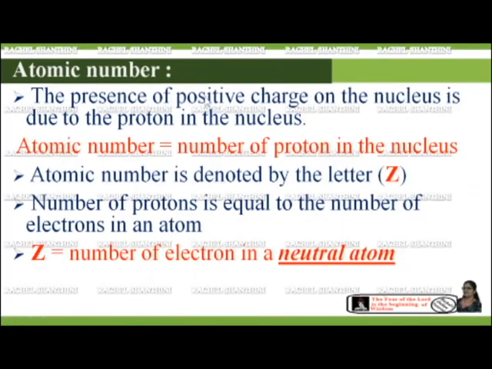Since positive charge on the nucleus is due to the presence of protons in the nucleus, and each proton carries 1 unit positive charge, therefore the atomic number of an element is equal to the number of protons in the nucleus. The atomic number is denoted by the letter Z. Since number of protons is equal to number of electrons in an atom, we can also write atomic number Z is equal to number of electrons in a neutral atom.